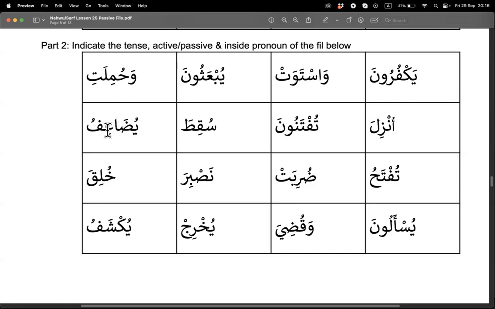So if this was majhul, it is a longer word. If it's not, then it can start with this, but here tells you that this is not majhul anymore because it's not the pattern.